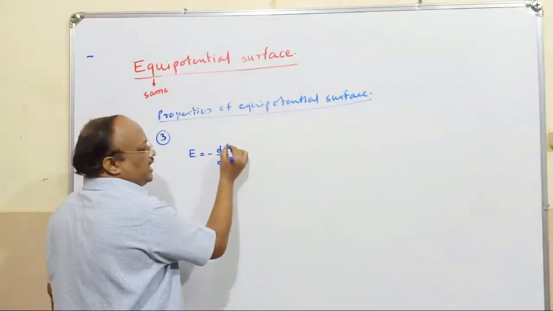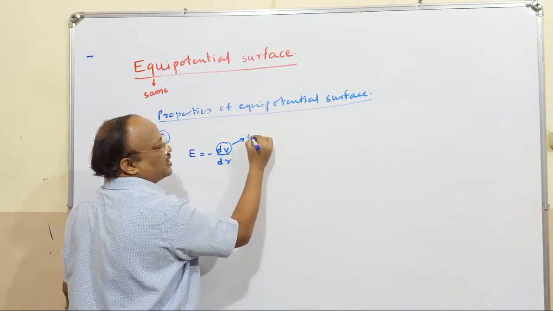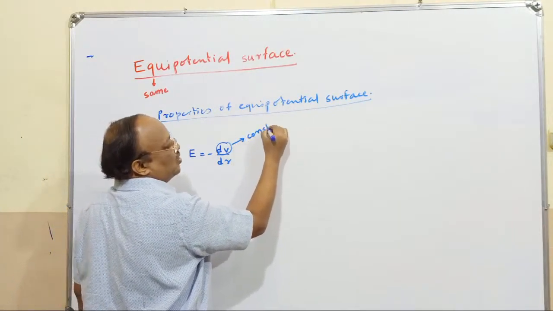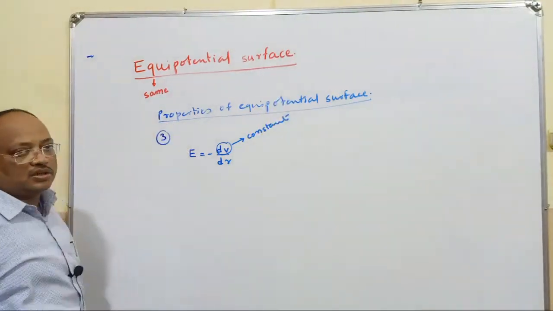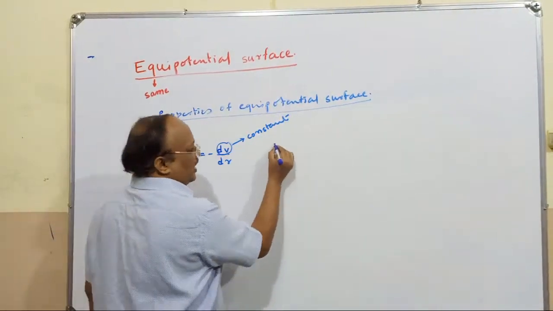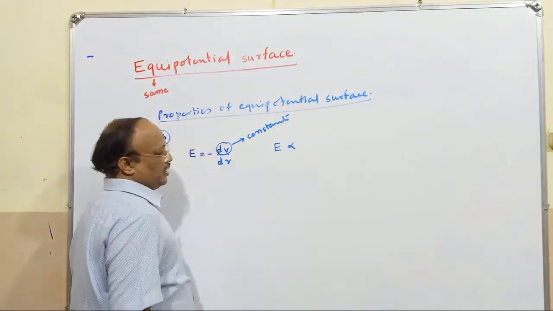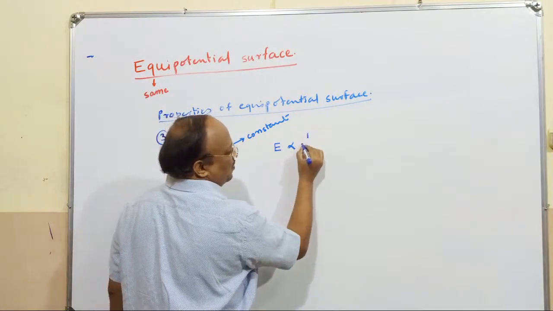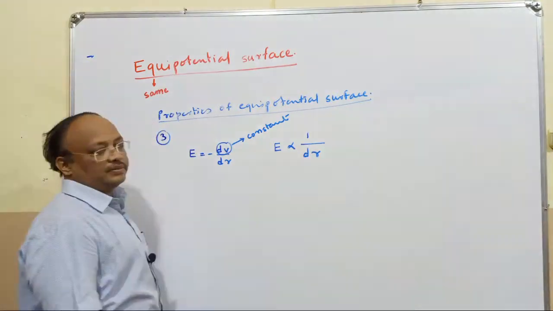So this dV on the equipotential surface, I am taking it as constant. This is constant. So what I can say is E is directly proportional to 1 by dr.